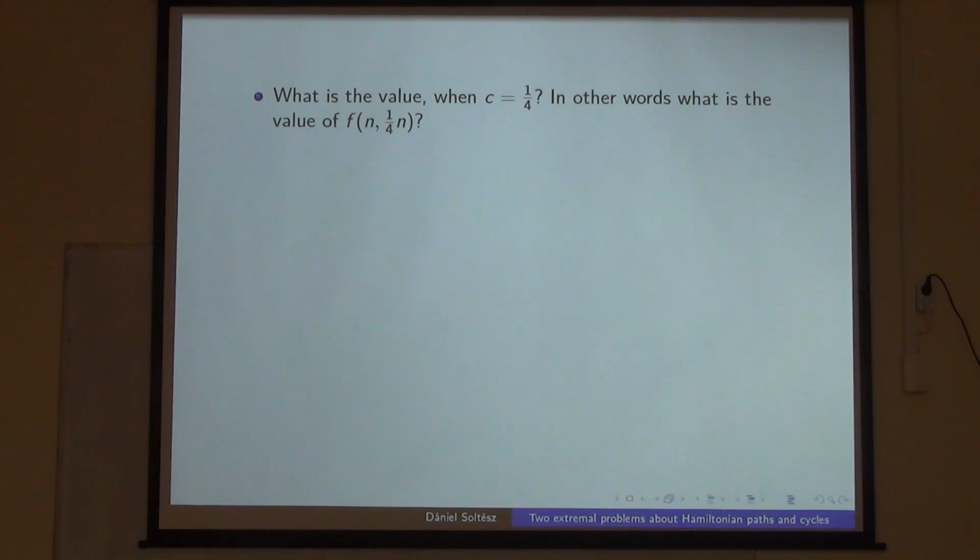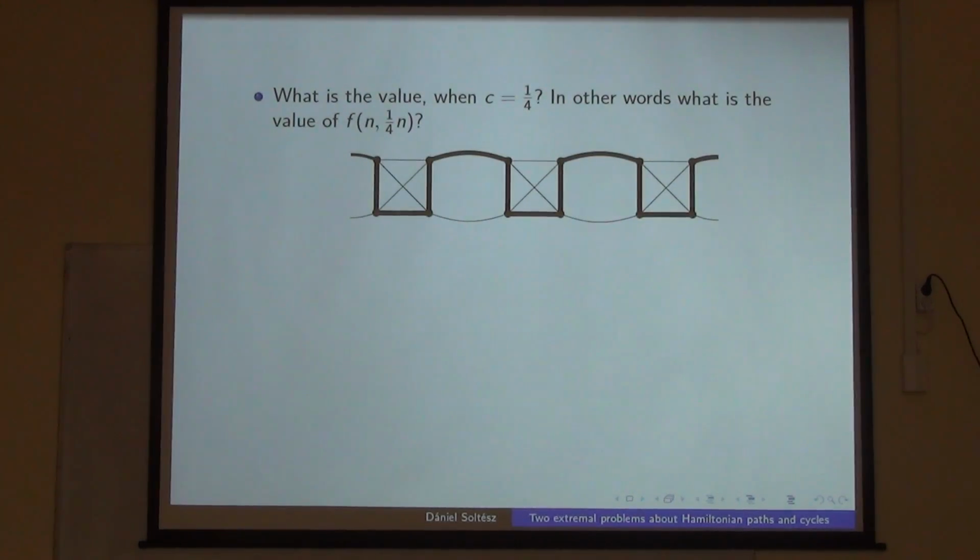So recall the Brooks reasoning. If c is smaller than a quarter, it's not interesting. The value is just 1. Right? So if c is exactly a quarter, you can have 2 by this picture. So one of the Hamiltonian cycles is the one with the bold edges, which goes like u, u, u, and the other goes like e, e, e.